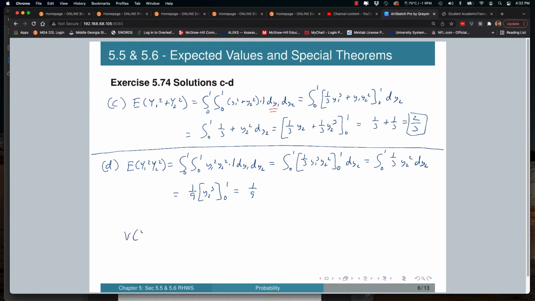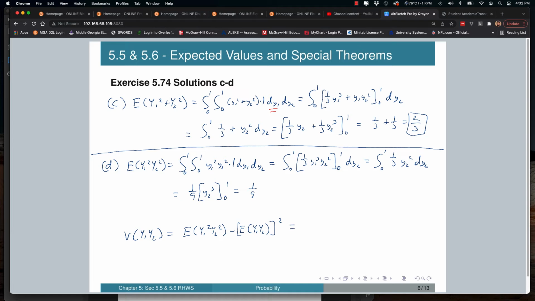So the variance of y sub 1, y sub 2 is equal to the expected value of y sub 1 squared, y sub 2 squared, minus the expected value of y sub 1, y sub 2, all quantities squared.